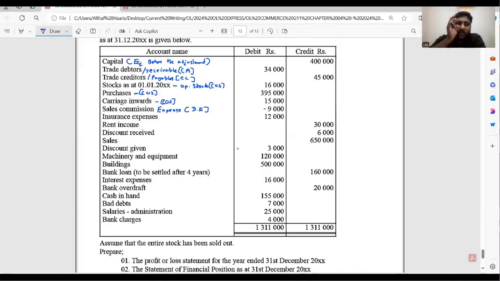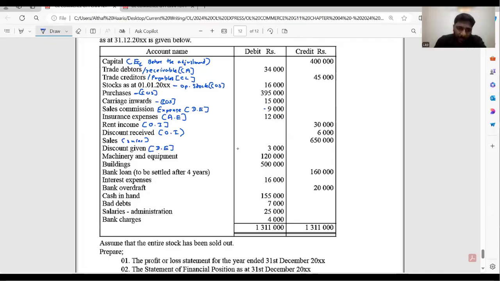Everything will come under the distribution expenses. Insurance expense is admin expense. Rent income is other income. Discount received is other income. Sale is sale. Discount given is connected with the customers. Distribution expense.